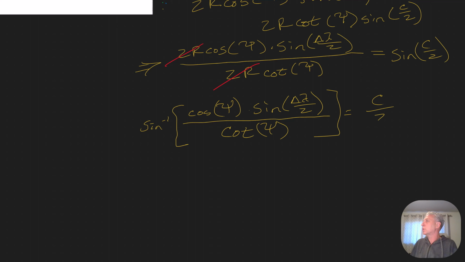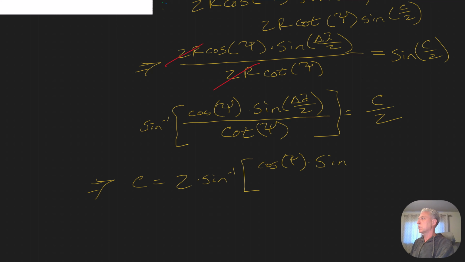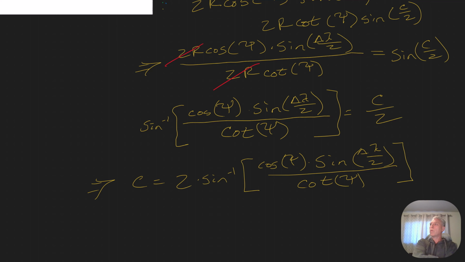And that equals c over 2, because we took the arc sine of both sides. And so what we get is c equals 2 times the sine inverse of the cosine of psi times the sine of delta lambda over 2 over the cotangent of psi. I think I got everything there. So that is an exact formula.